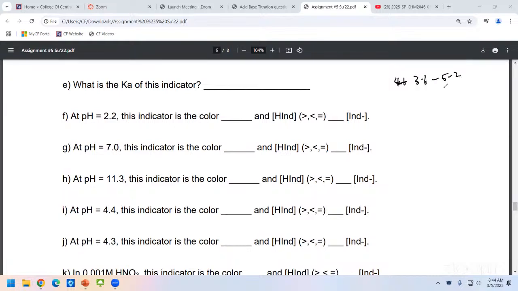Because we need that information to answer these questions. And what were the colors again? The color of HIND was what? Blue. And IND minus is yellow? Okay, yeah, we need that information as well, okay.